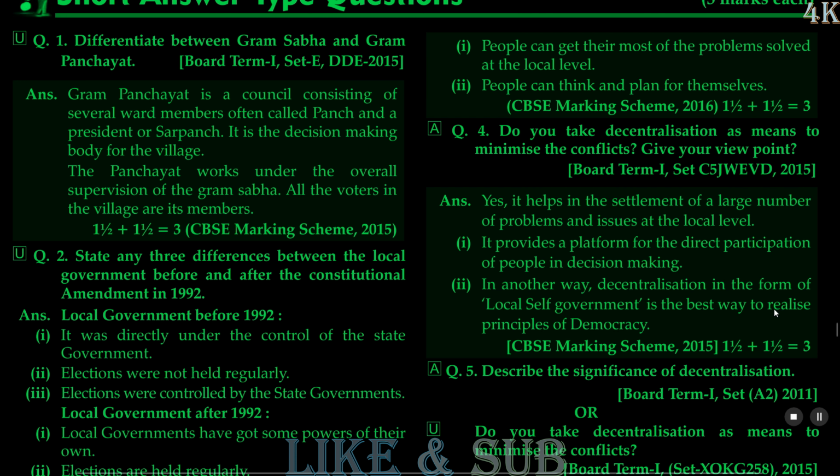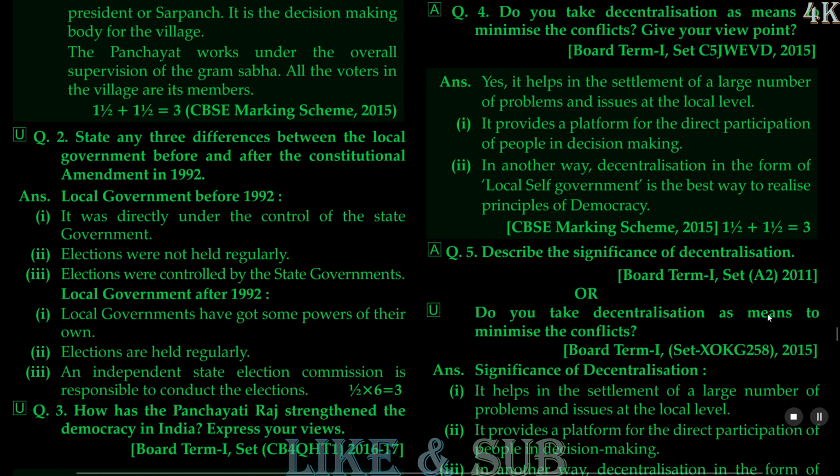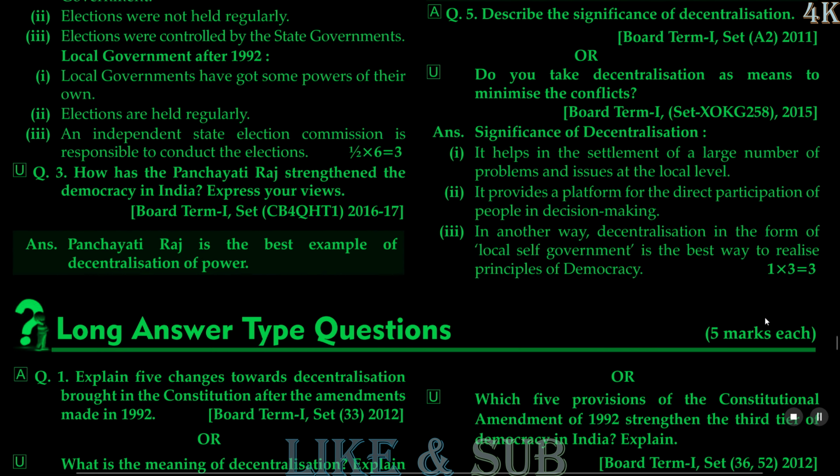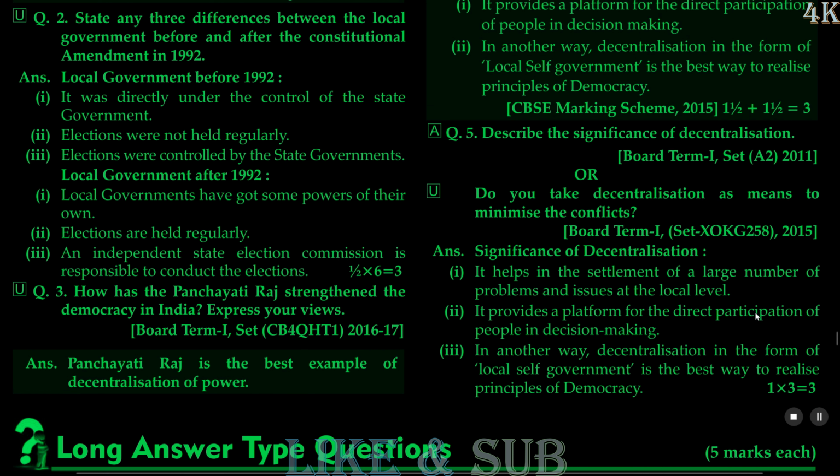5. Describe the significance of decentralization. Board Term I, 2011. Or, do you take decentralization as a means to minimize conflicts? Board Term I, 2015. Answer: Significance of decentralization: 1.